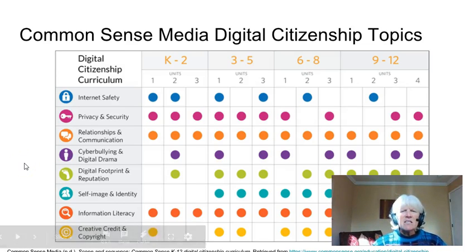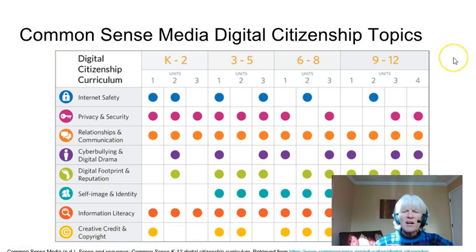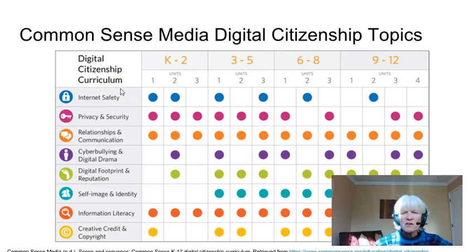Common Sense Media is a resource that provides a lot of materials for people who are interested in teaching digital citizenship concepts to their students. I'm actually not going to use their framework, but I wanted to make you aware of what they have available, and to look at the kinds of topics they include as part of their definition of digital citizenship.